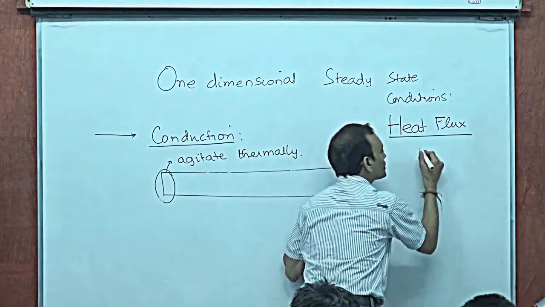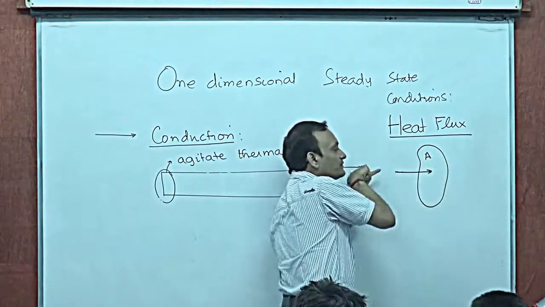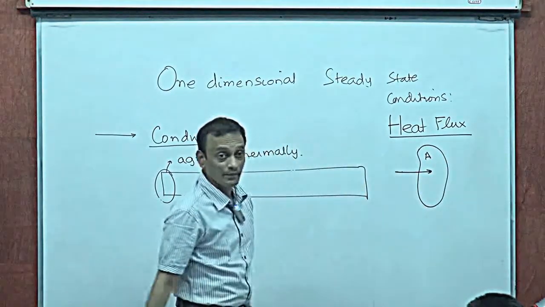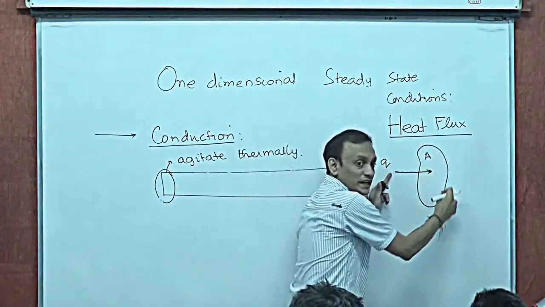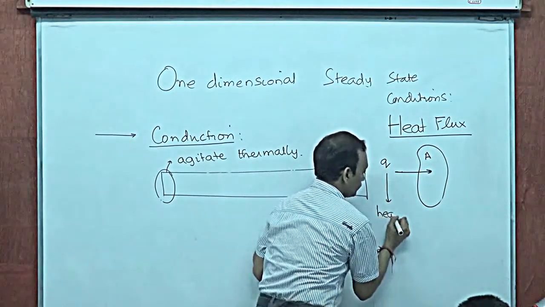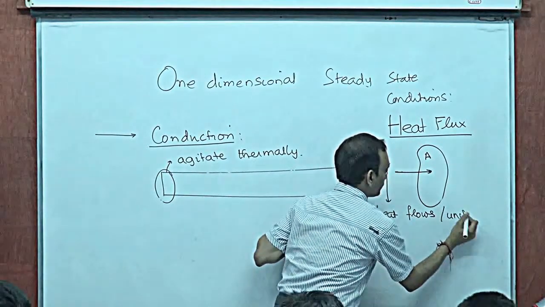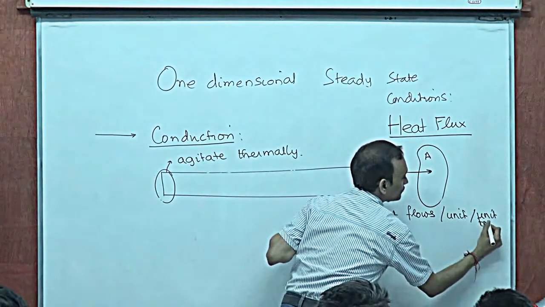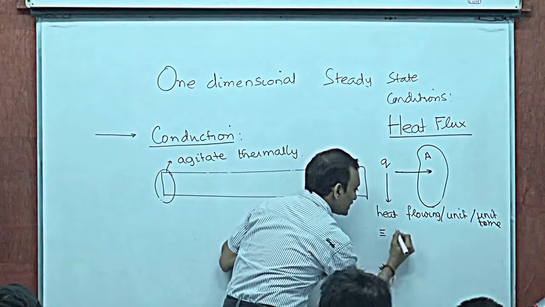When I talk of a heat flux, let's say this is a certain area A, and this is heat flowing perpendicular to this area, then the amount of heat that flows per unit area per unit time, that's referred to as heat flux.